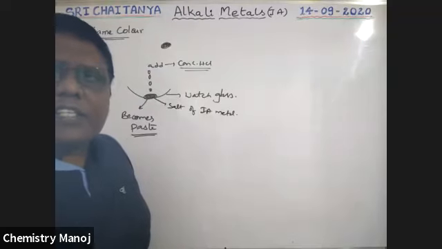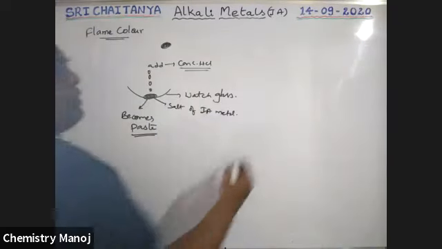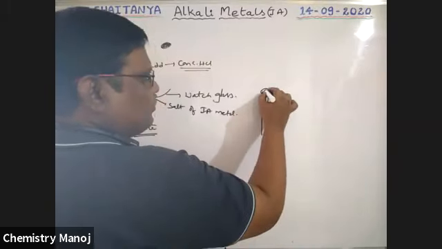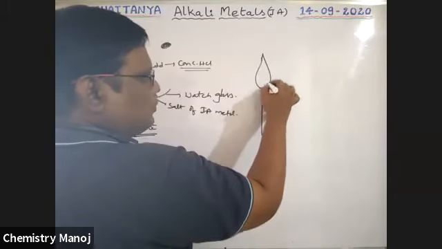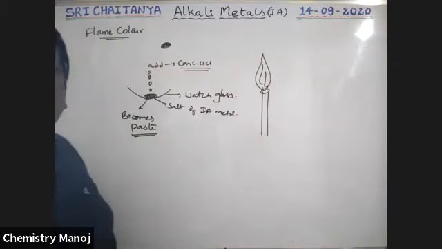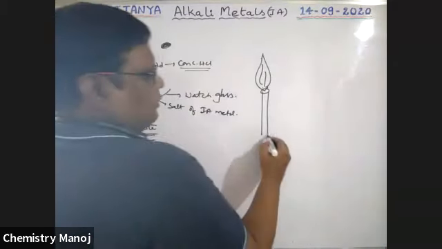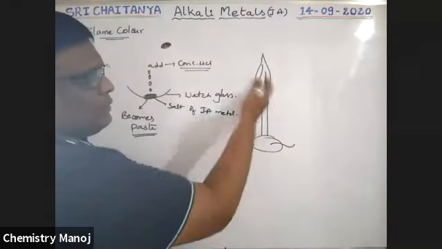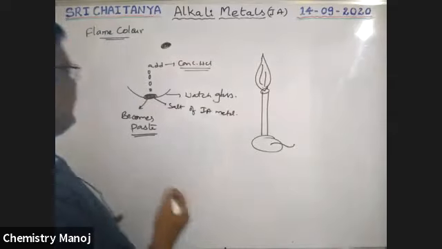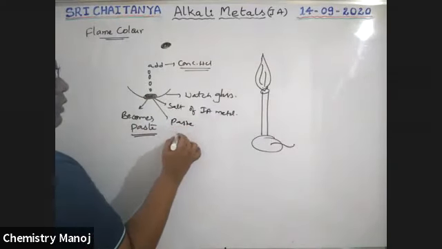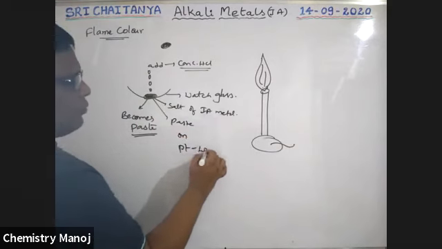Now, this is our Bunsen burner flame. Take this paste on a platinum wire.